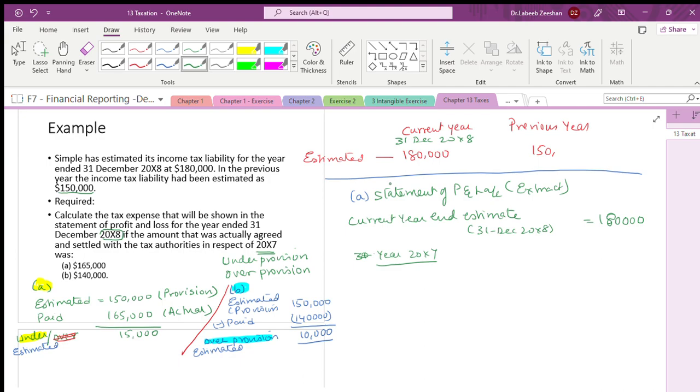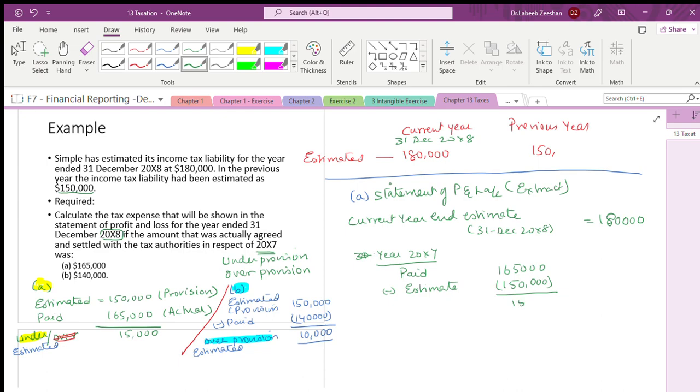The amount that was actually agreed and settled with the tax authority. Paid is 165. Next, estimate. Estimate is how much? 150. The difference is 15,000.